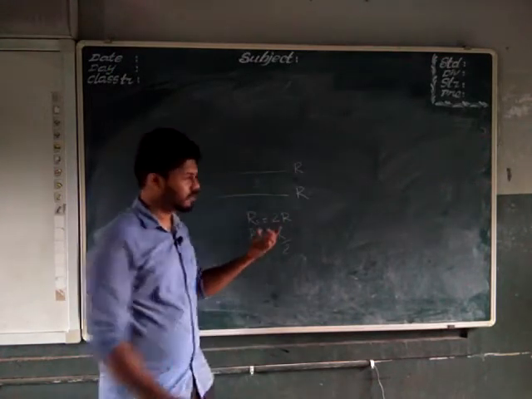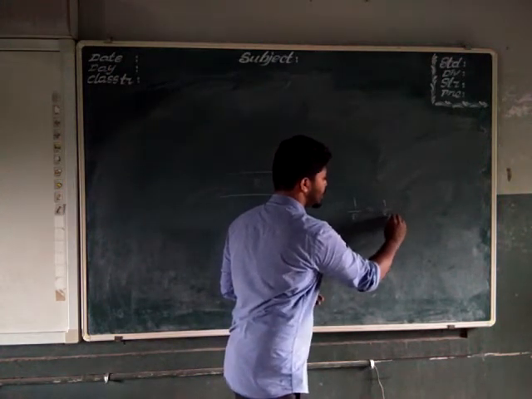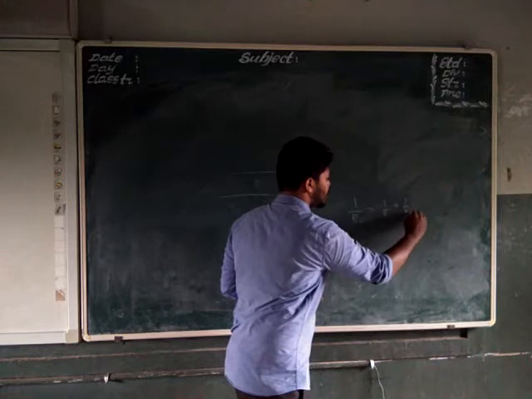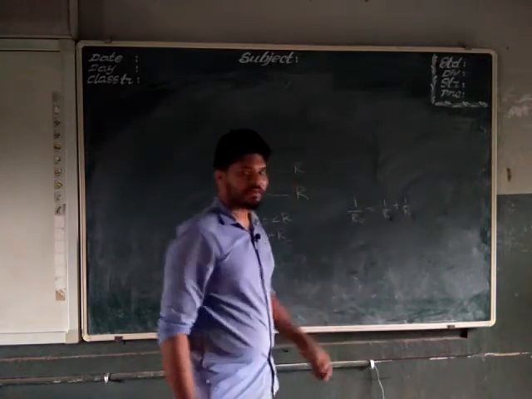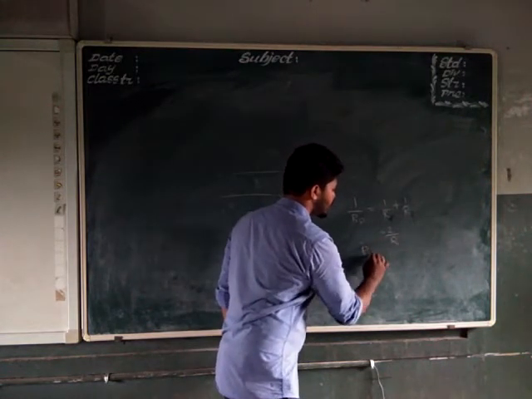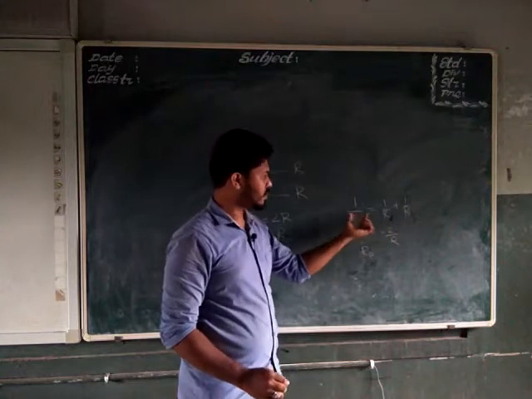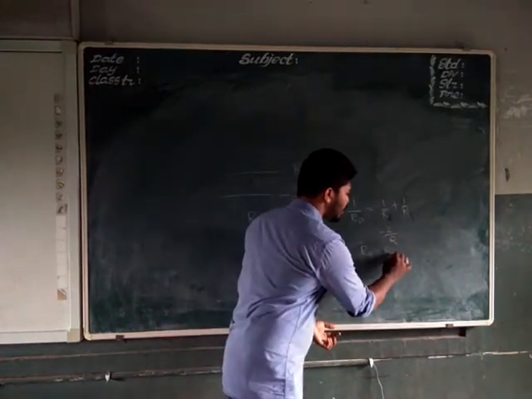Is there any doubt? We can do 1 by Rp equal to 1 by R1 plus 1 by R2. Here R1 and R2 are the same, so it is 1 by R plus 1 by R, which is equal to 2 by R. So Rp is the reciprocal of this, so Rp is equal to R by 2.